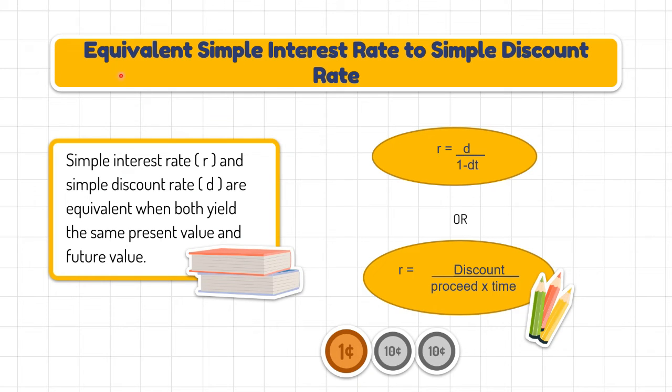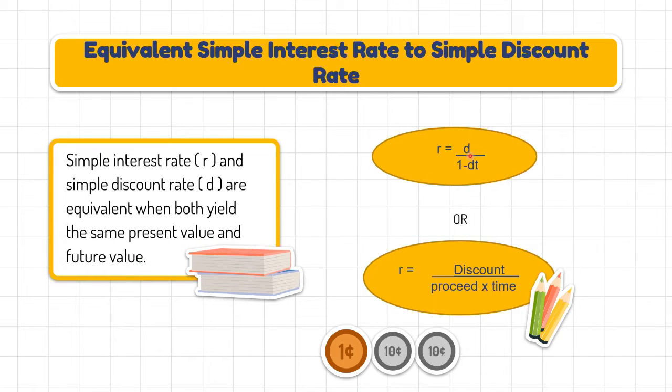Next, we are going to learn about equivalent simple interest rate to simple discount rate. Simple interest rate, which is small letter r, and simple discount rate, which is small letter d, are equivalent when both yield the same present value and future value.